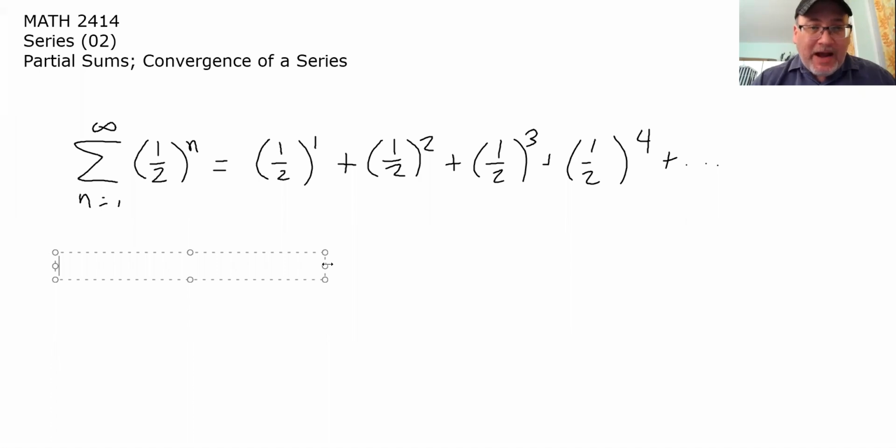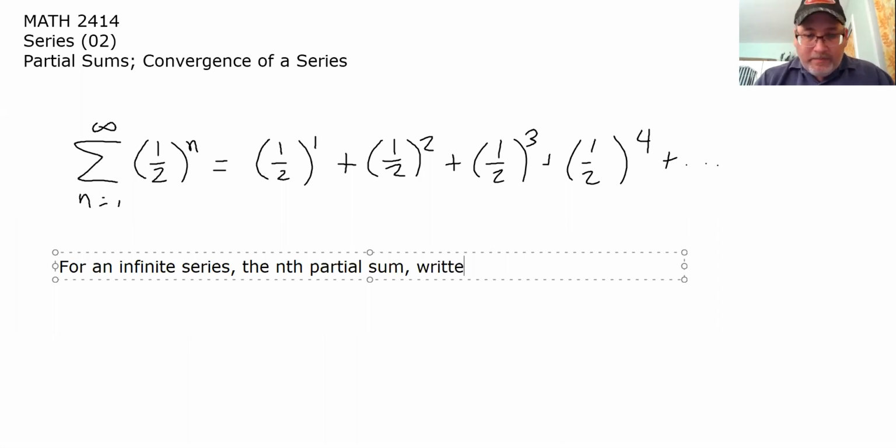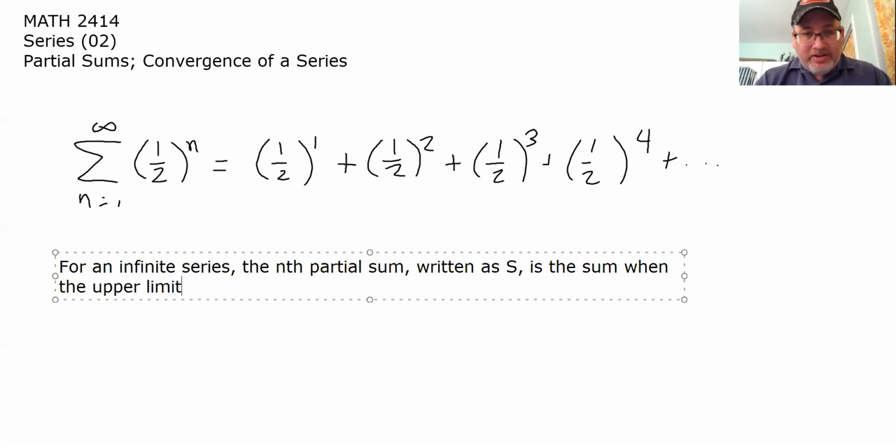For an infinite series, or even a finite one, the nth partial sum, written, say, capital S with a subscripted n, is the sum when the upper limit is n. In other words, we stop the series.